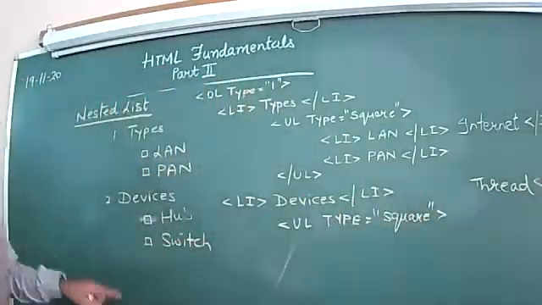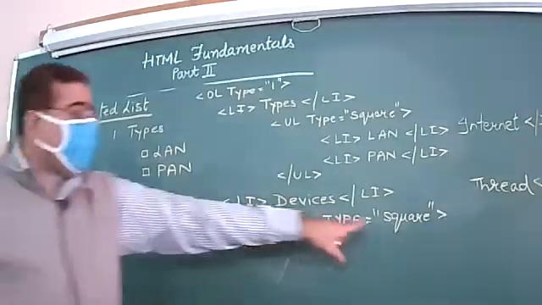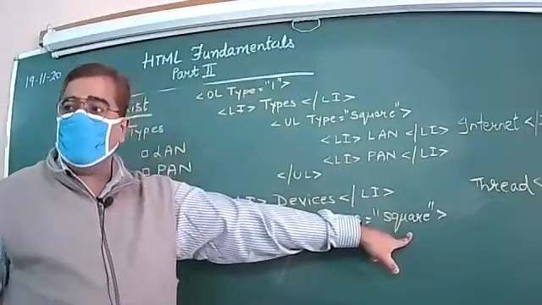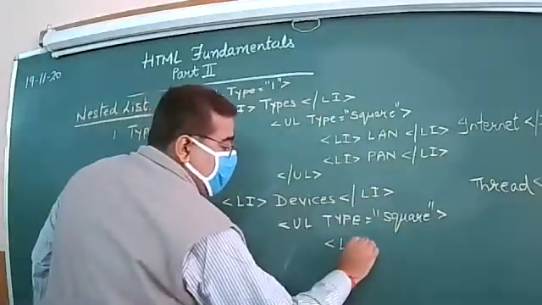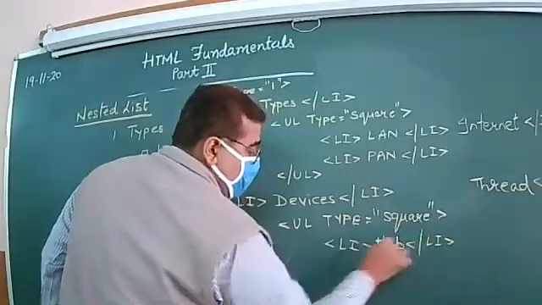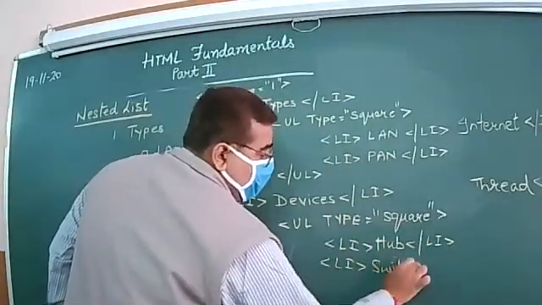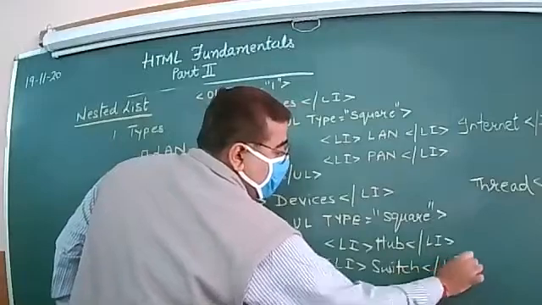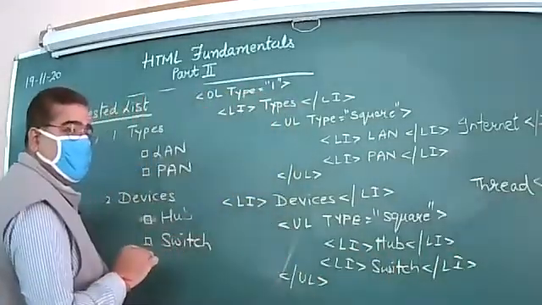If instead of square, you find here circle, so your value of type will be circle. Clear? Then mention your two options. And close your inner list.